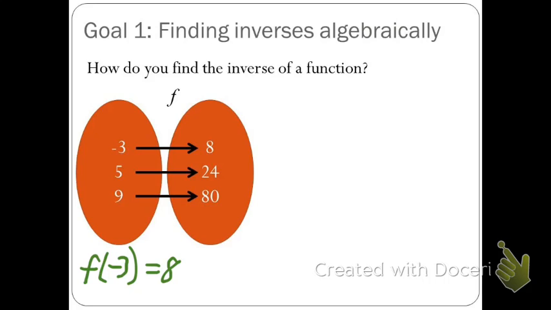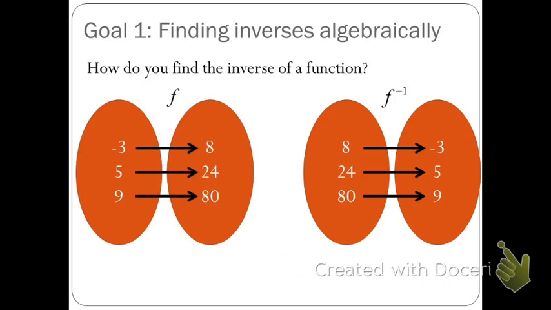Well, the inverse function ought to make it such that the inverse of f of 8 would get you back to -3, right? Look at this. Here's an example of the inverse function, where 8 gets mapped back to -3, 24 gets mapped back to 5, and 80 gets mapped to 9.